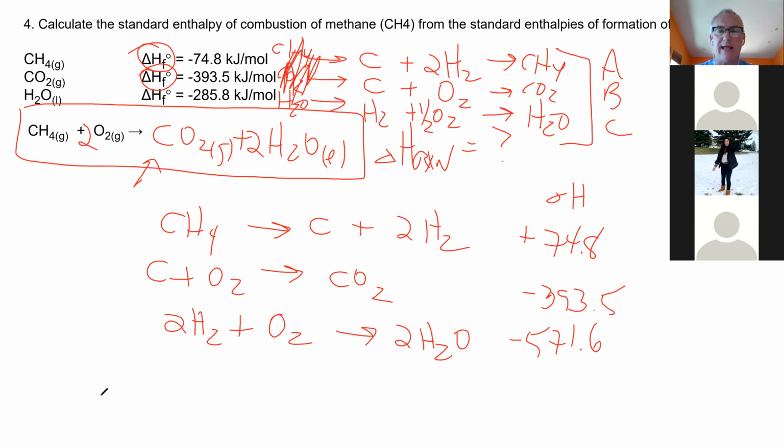So what can we cancel? What do we have in common on both sides that we could cancel? The 2 hydrogen. Yeah, we got 2 moles of hydrogen as product here and as reactant here, so we can get rid of that.